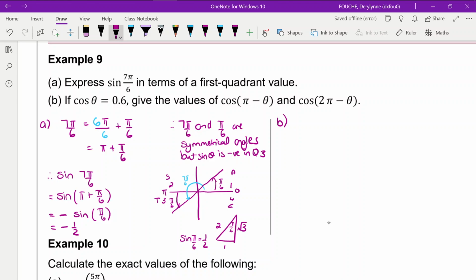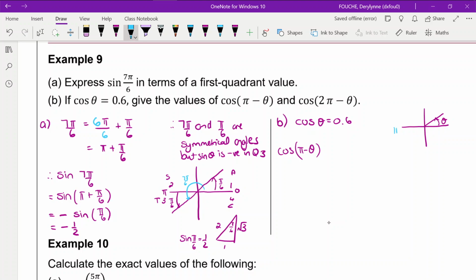If cos of theta equals 0.6, give the values of cos of pi minus theta and cos of 2 pi minus theta. They told me that cos of theta is 0.6. That will be my first quadrant angle, theta there, and my value of that is 0.6. Let's have a look at the first one, cos of pi minus theta.